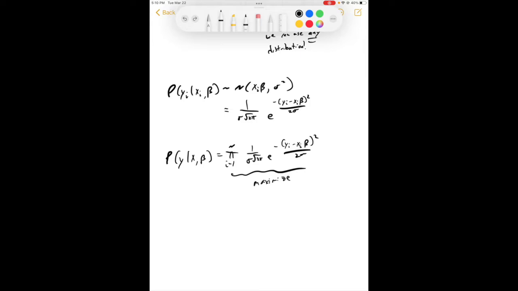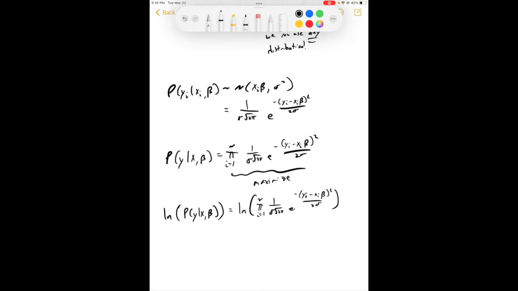But what we can do in order to deal with the product is to take the natural log of both sides. So we'll do the natural log of the probability of y given x and beta is equal to the natural log of this product from i to n of 1 over sigma square root of 2 pi times e to the negative (y sub i minus x sub i beta) squared over 2 sigma.